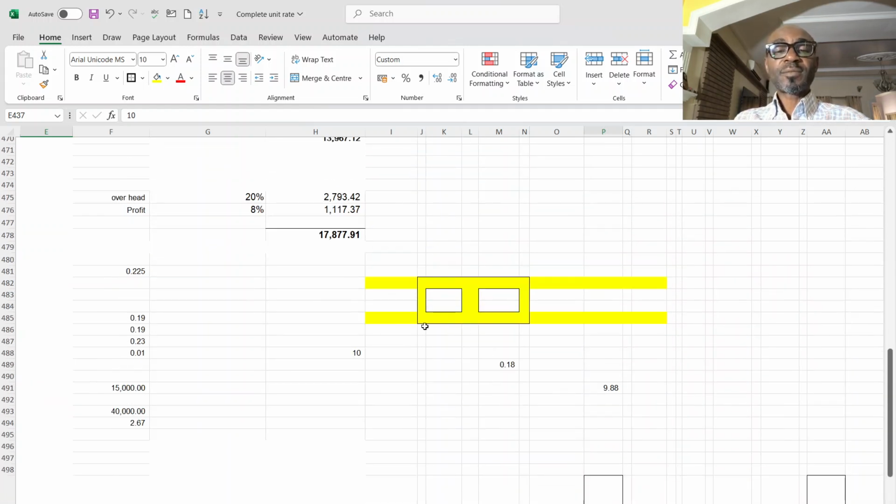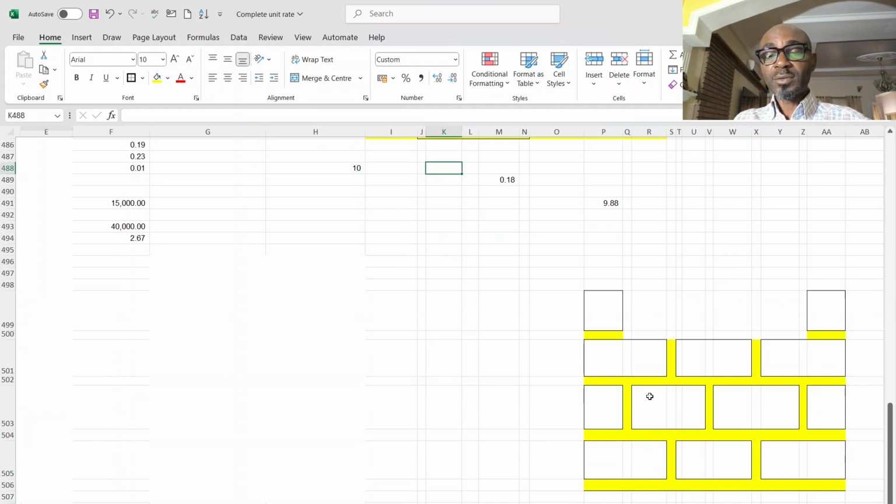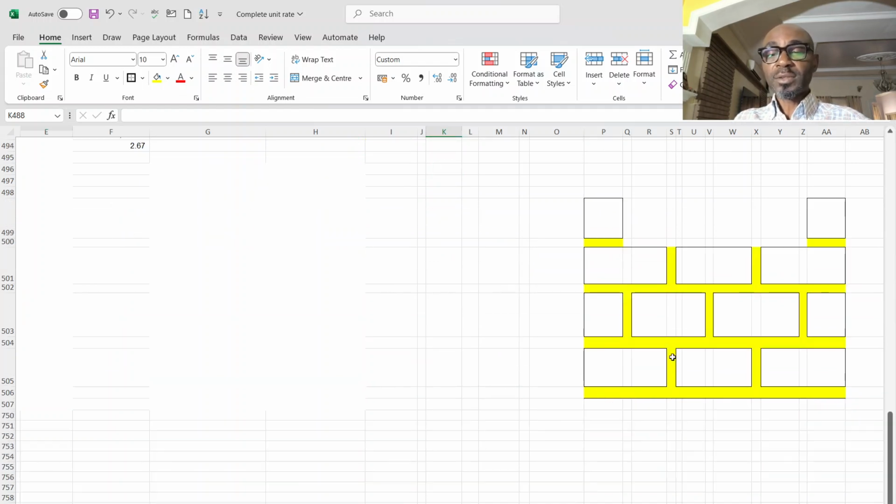So I took the full 1 meter by the thickness of the edge here, 1 meter by 0.025 by 0.025, times 2 times 3. Then I took the joints. There are 7 joints, 1, 2, 3, 4, 5, 6, 7. Then I took 225 by 225 by 0.025, by 7 numbers.